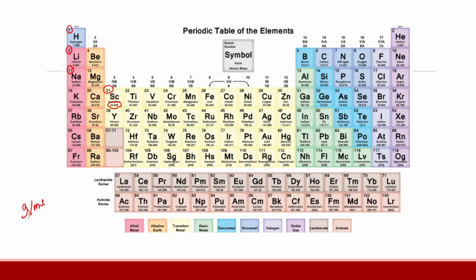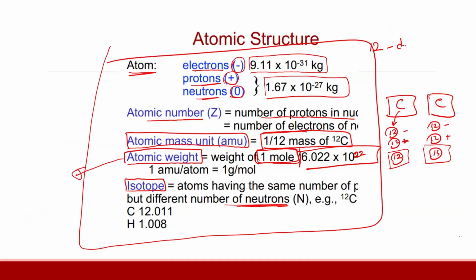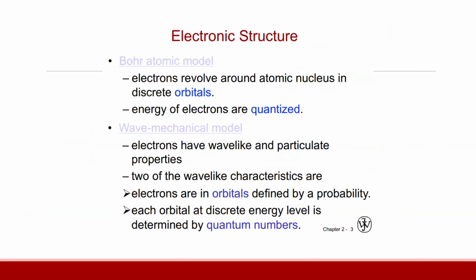So you can find it at the bottom here. And also for every element, we have a symbol. So hydrogen, we don't write it as hydrogen. We use the symbol H. So this is the symbol, but you can see the name underneath as well. So underneath the symbol, you see the name and also atomic weight. So atomic weight is the weight of 1 mole. Okay, I hope the terminologies are fine.